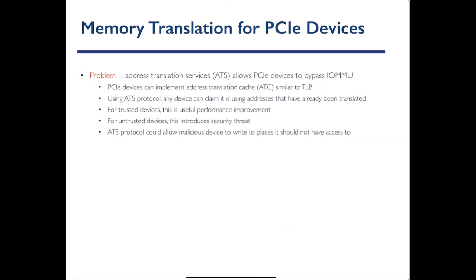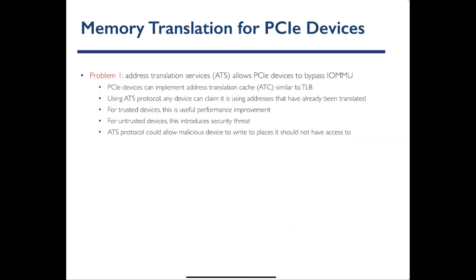Now, when it comes to PCIe devices, this memory translation could pose some difficulties. The first difficulty is that there is this capability designed in PCIe protocol that allows devices to bypass IOMMU.